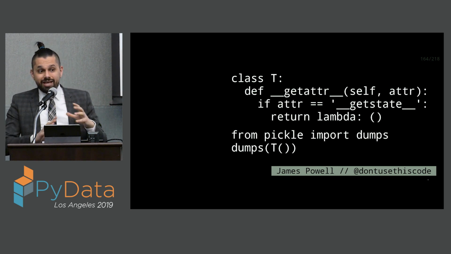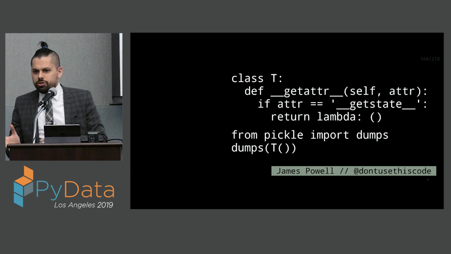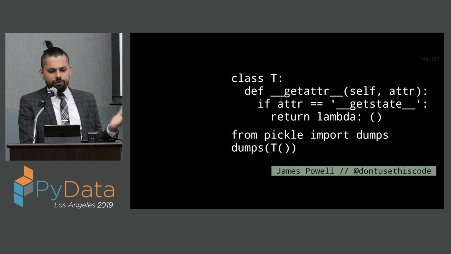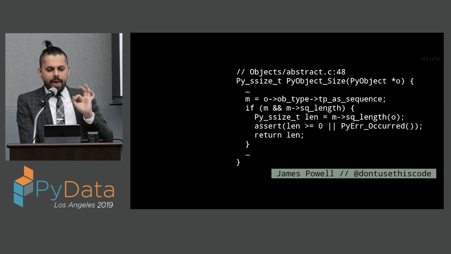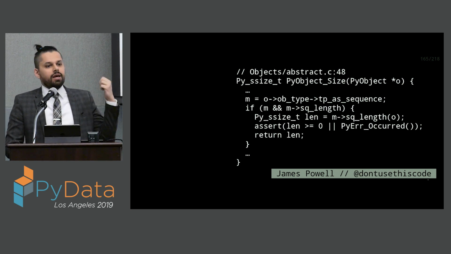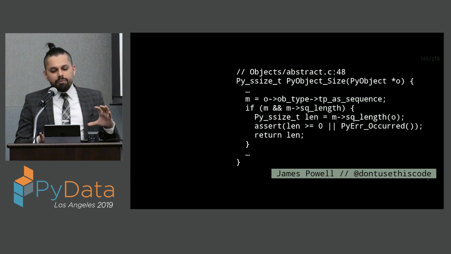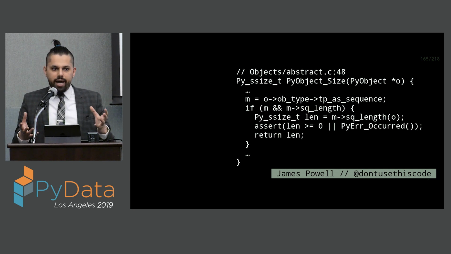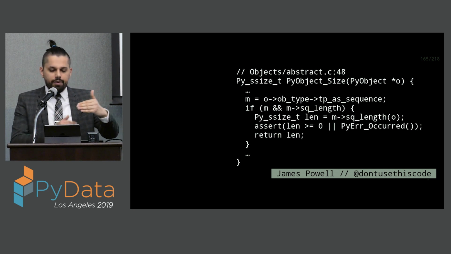So certain parts of the data model you can patch out using __getattribute__, and certain parts you can't. You can't patch out __len__, but __getstate__ for pickle you can patch out, and it works. And the question is, why does that work? Well, if you look into the CPython source code, you can kind of figure out why. When you're doing a len, you end up calling this PyObject_Size in the abstract implementation of the Python objects.